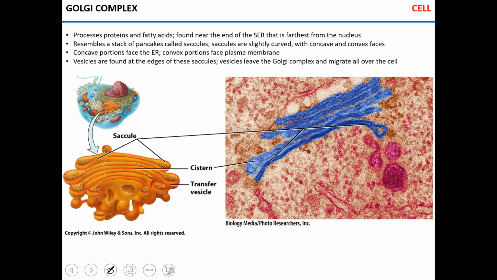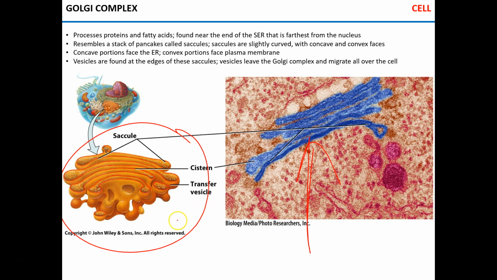And the function of the Golgi complex, shown here, and this is the micrograph, is to process proteins, modify them, modify fatty acids, okay? It's basically a stack of saccules, a stack of structures that look like very, very elongated vesicles.